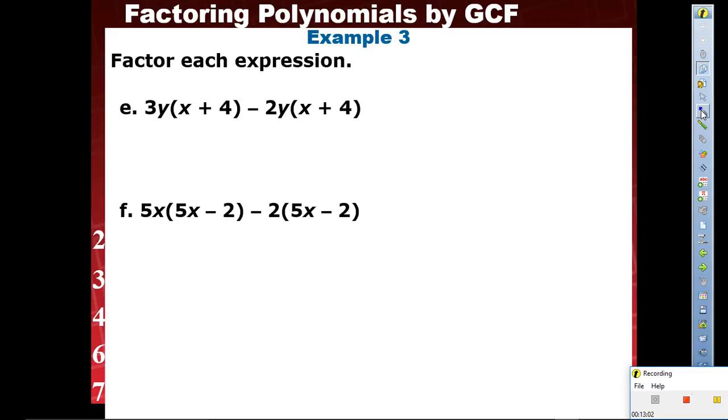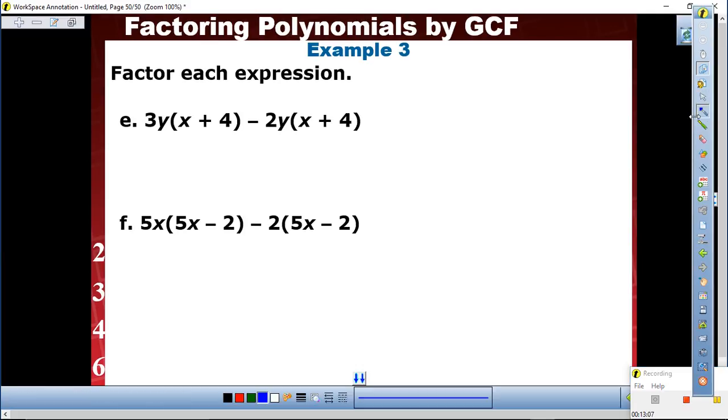Cassandra, what'd you get for E? X plus 4 in parentheses, y in parentheses. Hands, have you got that? That is correct.